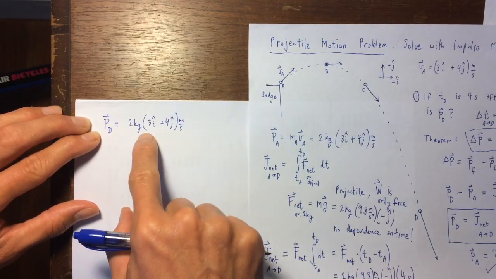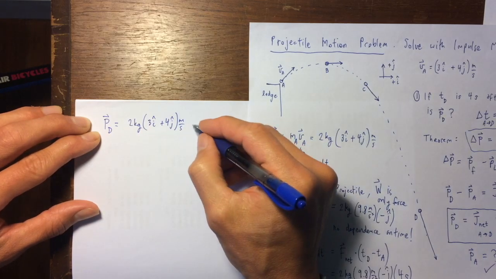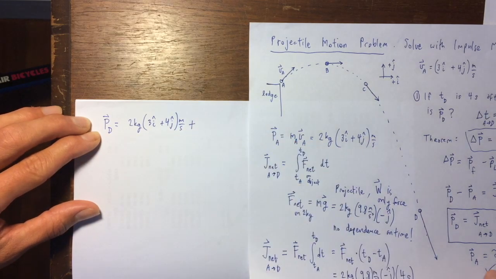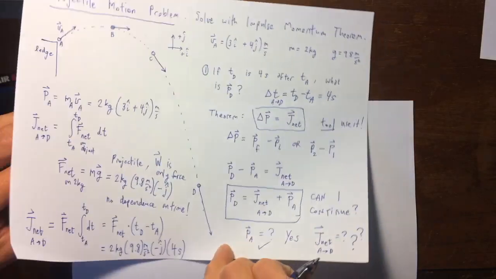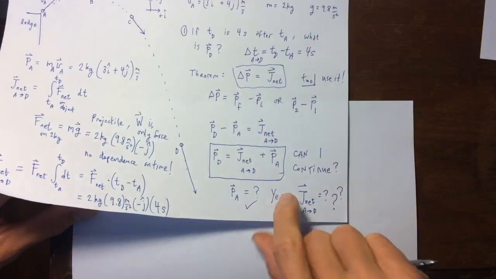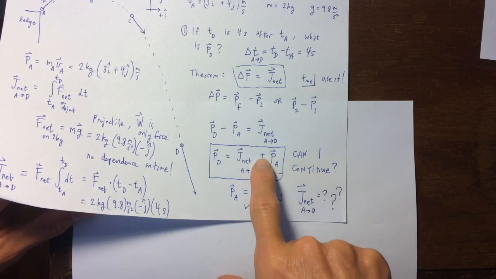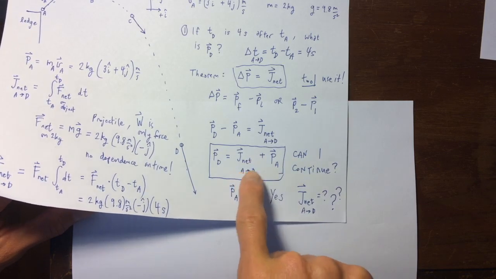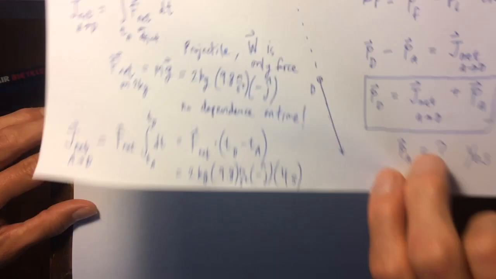So here's a mass times a velocity vector. And then we add, so P sub D is P sub A plus j net. So let's add on j net.